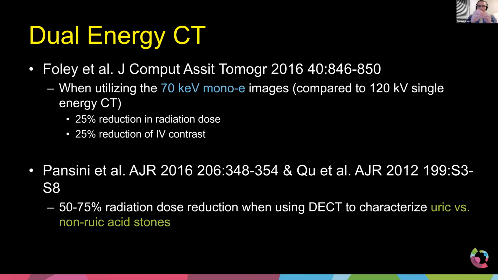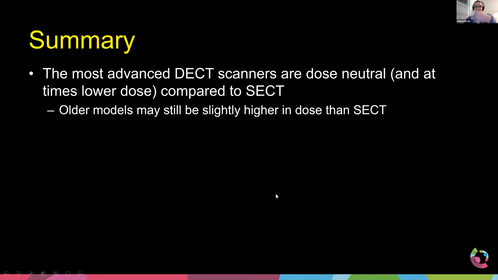But being able to not only see the white dot, but determine if it's non-uric or uric acid based, you just don't need a lot of radiation. And so because of the additional diagnostic information, in this paper back as far as 2016, and this paper as far back as 2012, they had already reduced the radiation dose substantially by 50 to 75%, and still were able to answer the same diagnostic task.